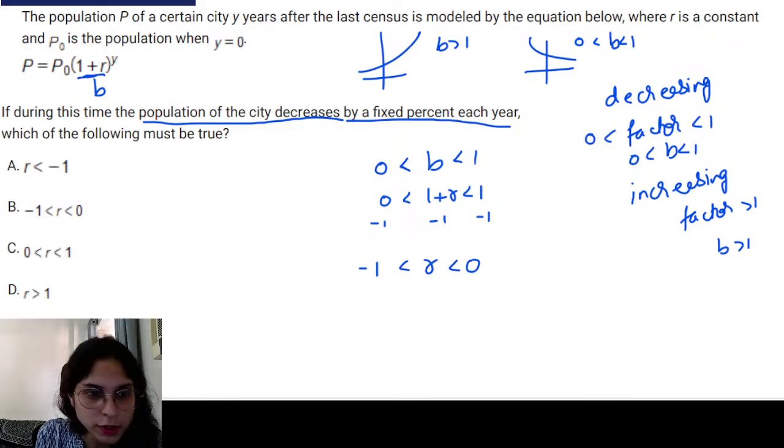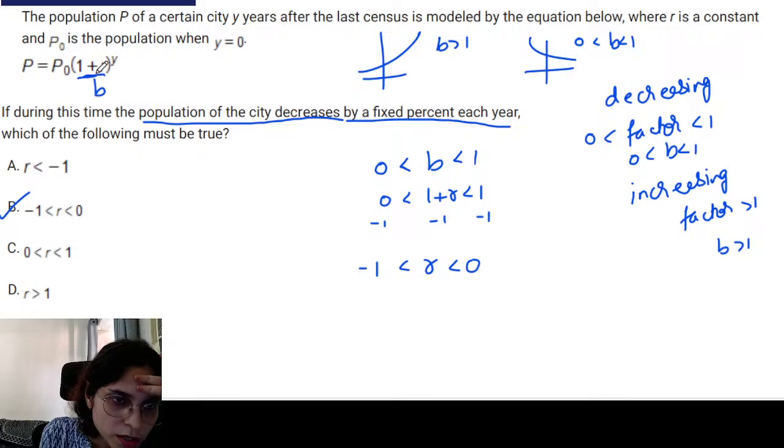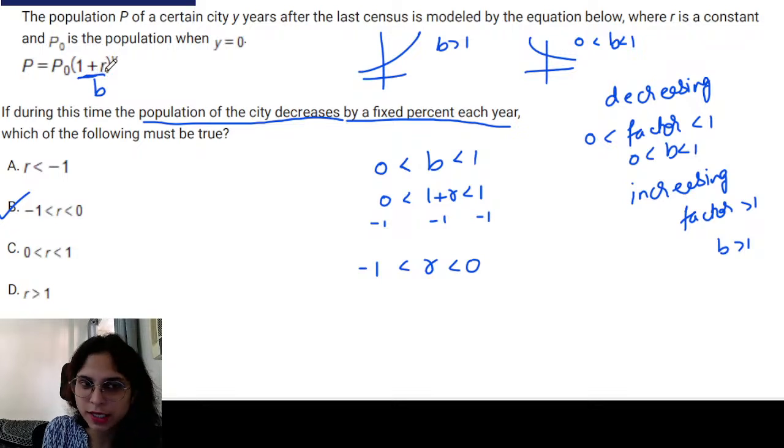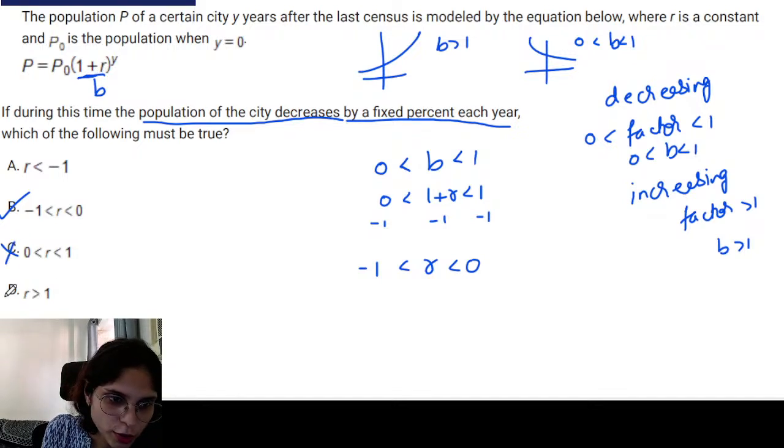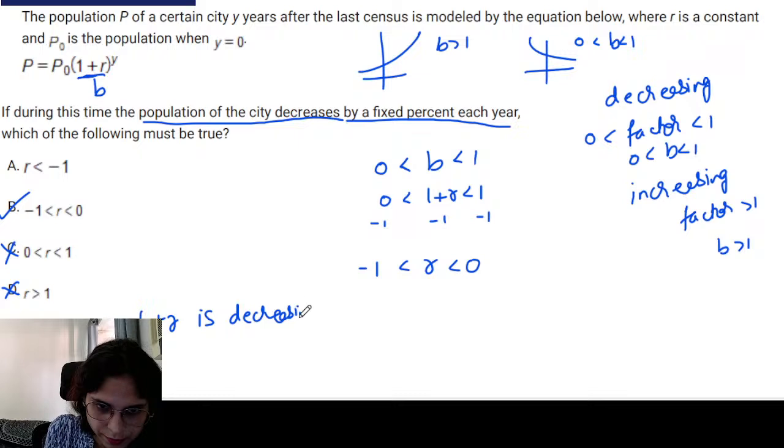Also, another thing you can do is, because this is plus r, if you are decreasing, r has to be a negative value. And this entire thing has to be positive. So r cannot be less than -1, because if you take -2, this is going to be 1 minus 2, that is -1. That doesn't make any sense. So these two options are already gone. If you're confused between a and b, 1 plus r is decreasing, that means r has to be negative.